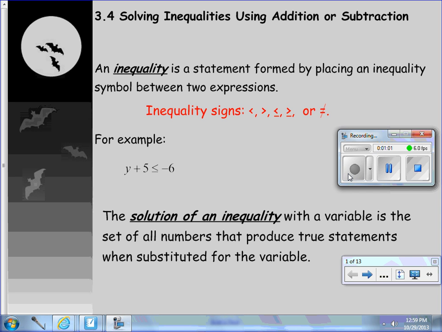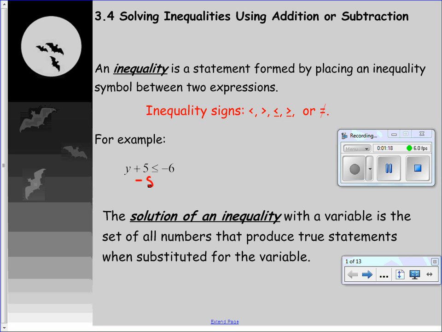Now we're going to solve inequalities, and we'll use the same rules of addition and subtraction of equality. So in order to solve for y, we're going to isolate the y. We're going to subtract 5 from each side. Y is less than or equal to negative 11.